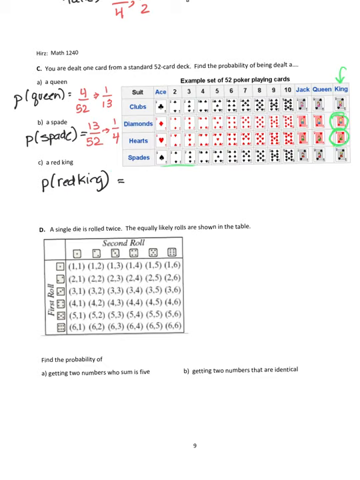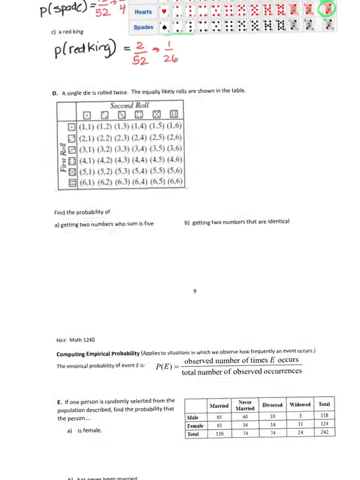So there are 2 of those total out of the whole deck of cards, which is 52. 2 out of 52, that would give us 1 out of 26. All right, so I hope this is making sense. If not, feel free to reach out.